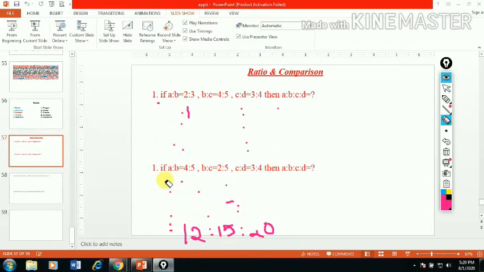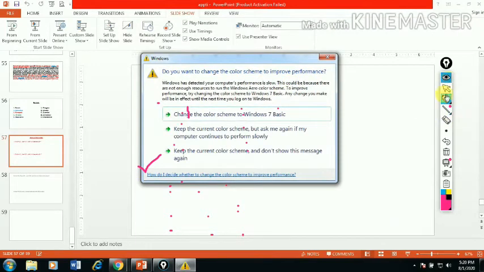So solve the next problem within 10 seconds. This is the shortest method, but if you increase these variables, if you are given 6 or 7 variables, then that will be very difficult.